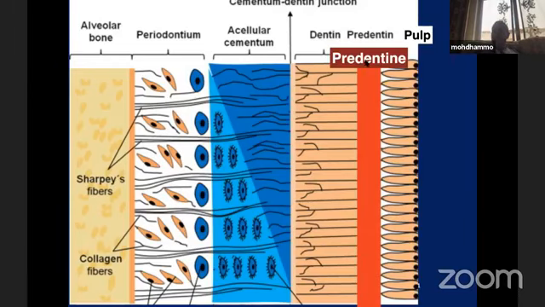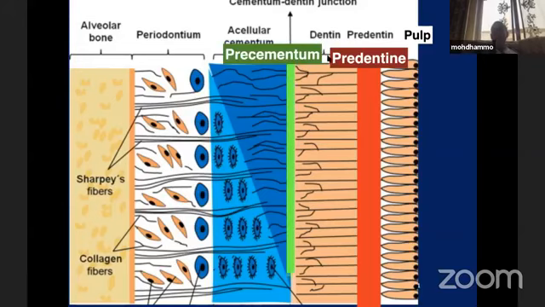It is called the pre-dentine layer, and it is non-mineralized. The second layer is between the dentine and the cementum, called pre-cementum, and it is also non-mineralized. Please remember those two layers because they are the most important layers which protect the dentine from resorption.